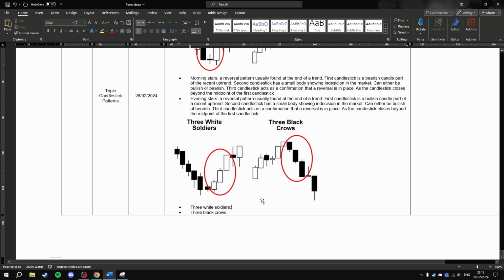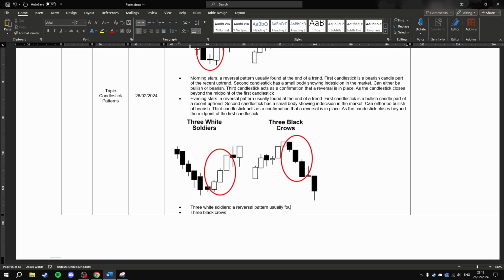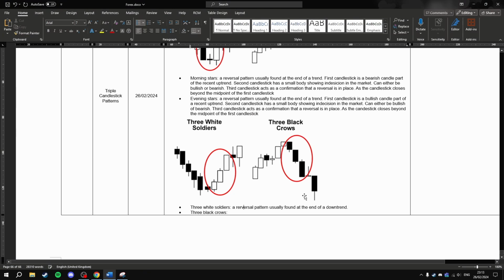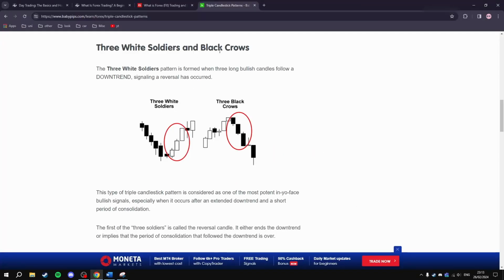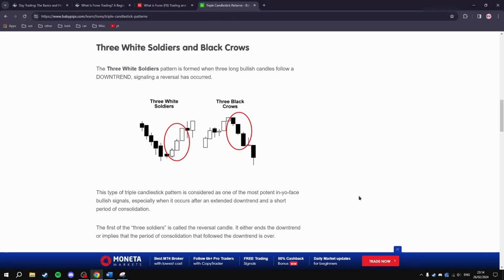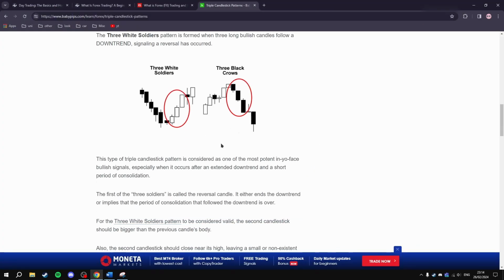So, a reversal pattern usually found at the end of a downtrend, formed by three long bullish candles.